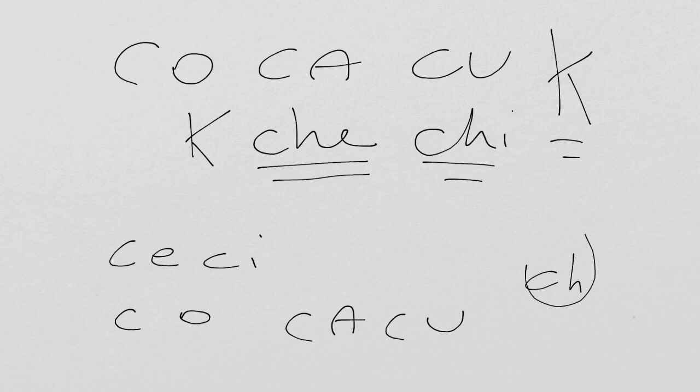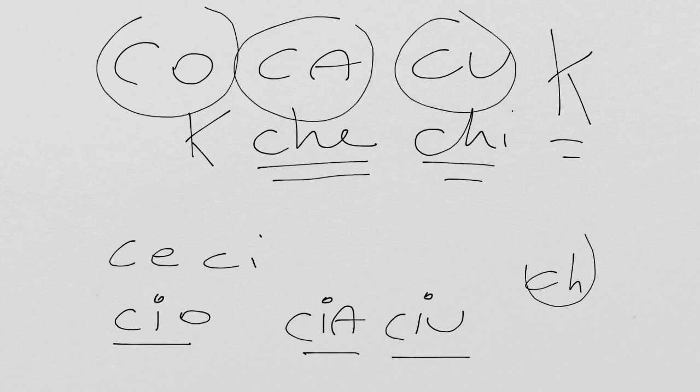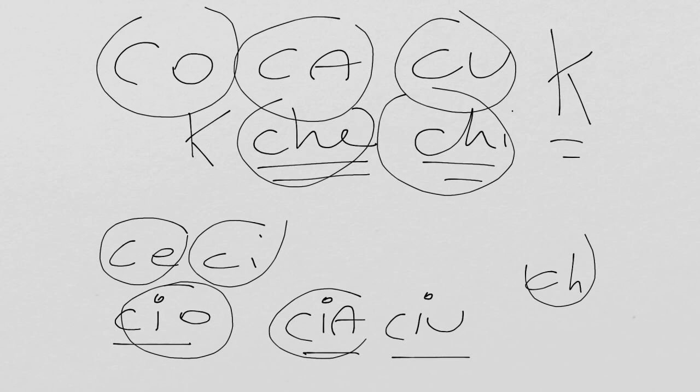Like this, we have to insert E, and this becomes cho, cha, chu. These are graphic conventions. We all agree in Italy that that's the way we're going to write these sounds. So every word that contains one of these sounds in Italian will be represented exactly like this. Ka, ko, ku, ke, ki. Che, chi, cho, cha, chu.